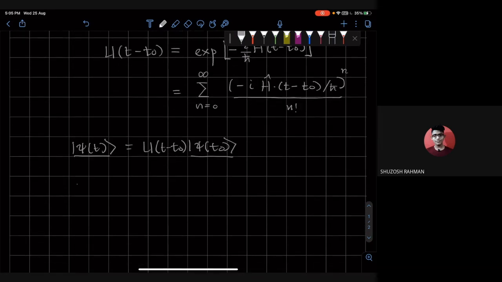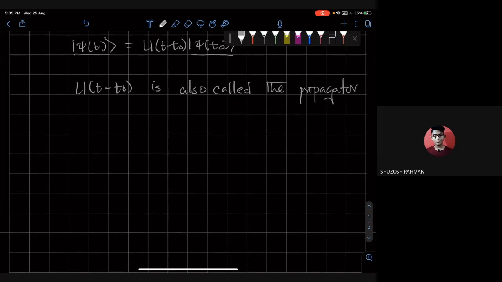So as I said, the time evolution operator is also called the propagator because it propagates the system.